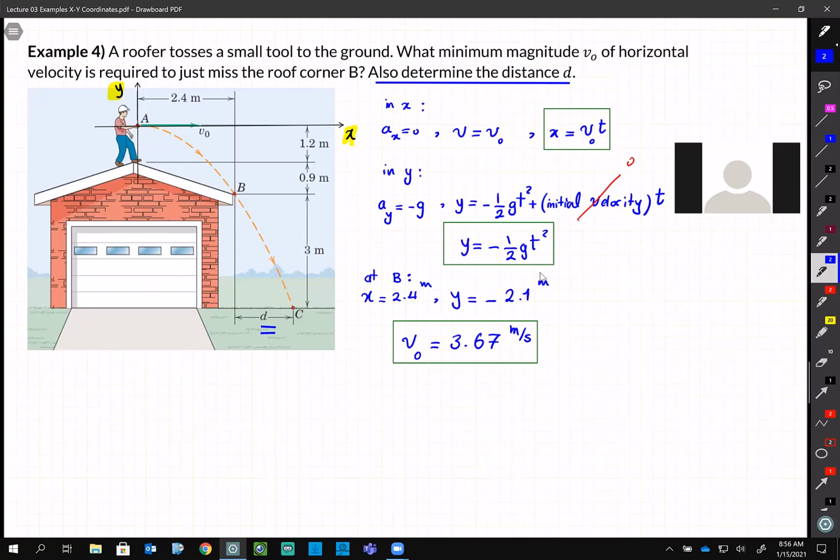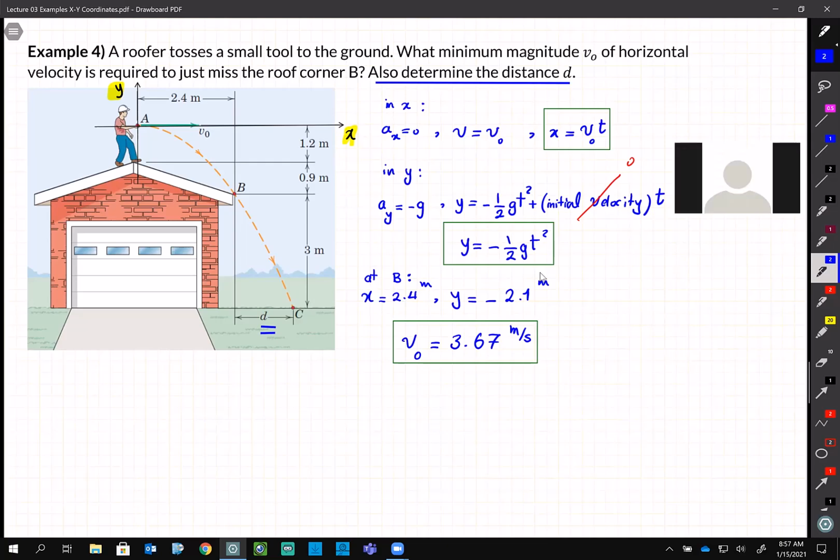I did it in a different way, and I got a slightly different answer. First, I calculated the t. My procedure was something like this: negative 2.1 has to be equal to negative half times g times t squared.